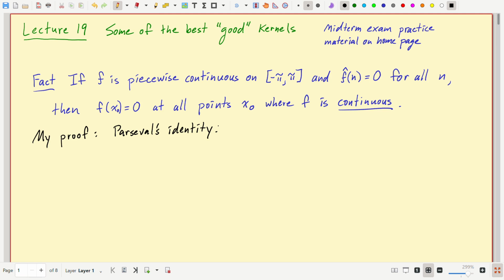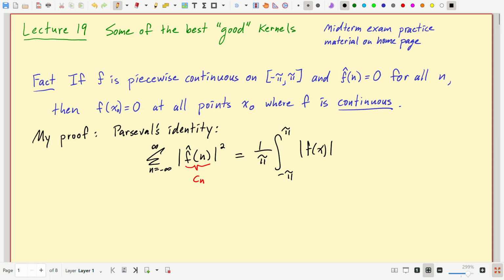It tells me that the sum, as n goes from minus infinity to plus infinity, of the squares of those Fourier coefficients, the c_n, which is Stein's notation for the complex Fourier coefficients, is equal to 1 over π times the integral from -π to π of f(x) squared dx.